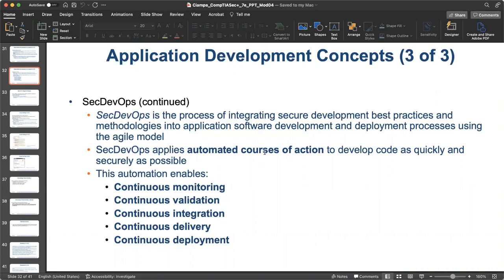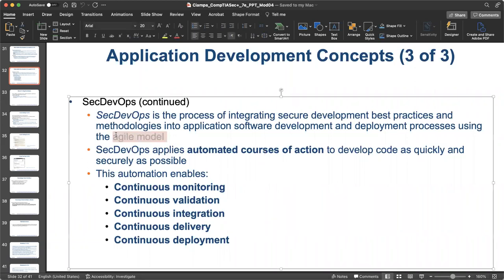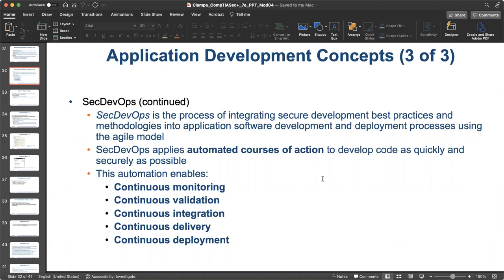So rather than focusing on the process and documentation, agile focuses on getting the work done, right? Security DevOps is the process of integrating secure development best practices and methodologies into the process of development of an application using the agile model. Remember, here's the key word: using the agile model.